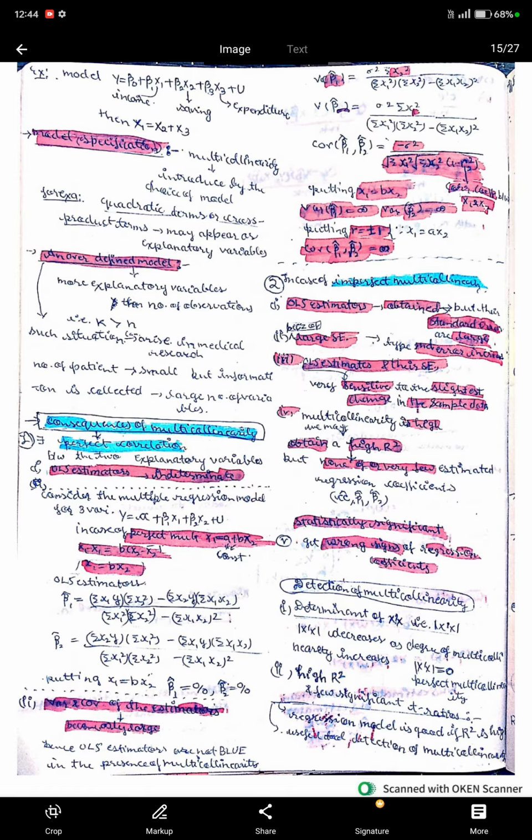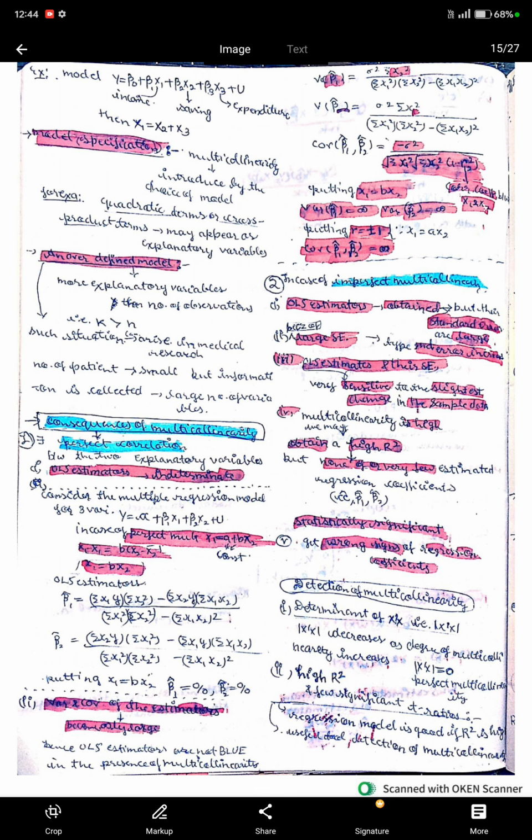Euler's estimators: beta 1 cap equals summation x1 y into summation x2 square minus summation x2 y into summation x1 x2, divided by summation x1 square into summation x2 square minus summation x1 x2 whole square. Beta 2 cap equals summation x2 y into summation x1 square minus summation x1 y into summation x1 x2, divided by summation x1 square into summation x2 square minus summation x1 x2 whole square.